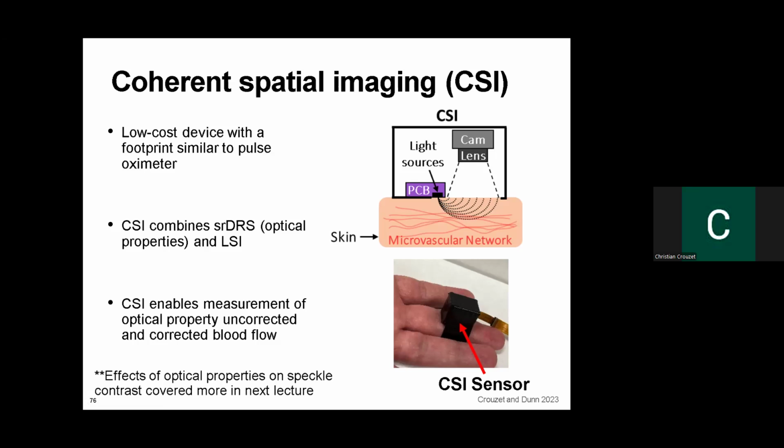Then we fit the source detector separation and have a lookup table to try and match the physical data to the simulated data and extract the optical properties that best match the simulated data. And then from there, we input that into correcting the blood flow.